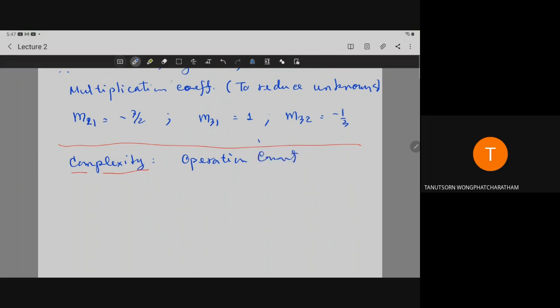Okay, and here I will look at the operation count of multiplication only.